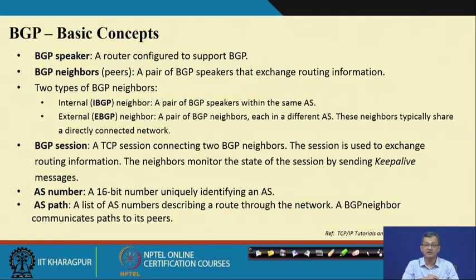There is a concept of AS path, a list of AS numbers describing the route through the network. BGP communicates the path to its peers, right. So, if I want to go from network N11 of AS1 to network N62 of, say, AS6, then what path do I need to follow?